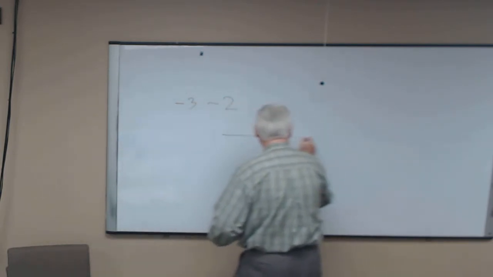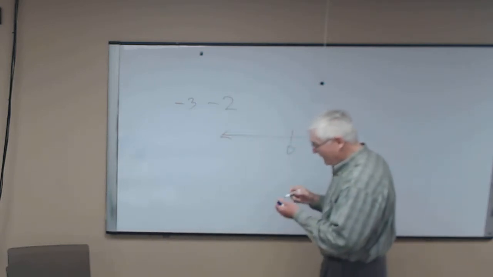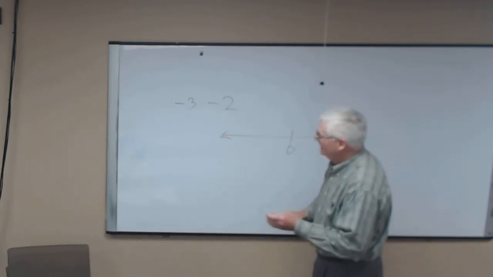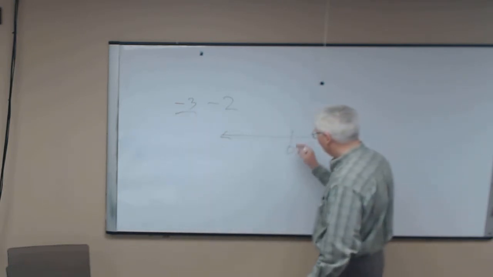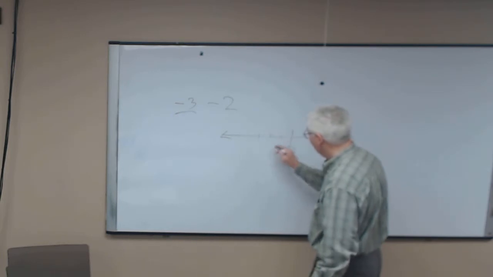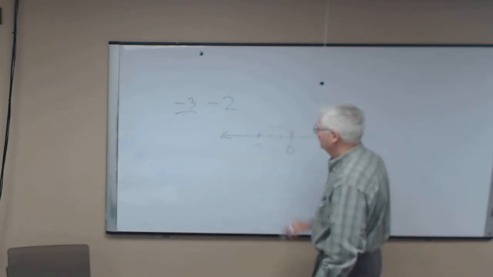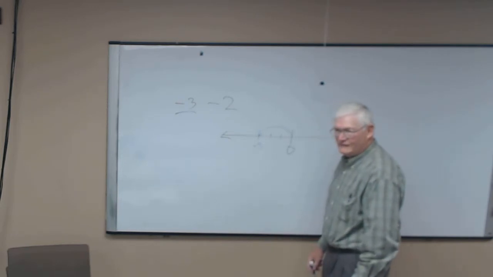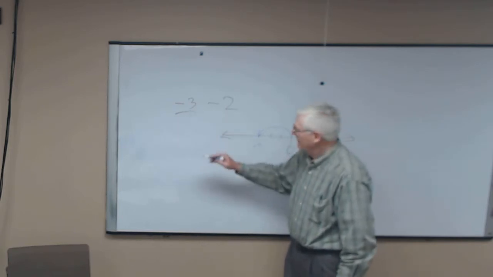And they want me to put that on a number line. So I make a number line, I draw a 0, and first I make a move of negative 3. So that would be there. You follow that? I just went from 0, 3 to the left.